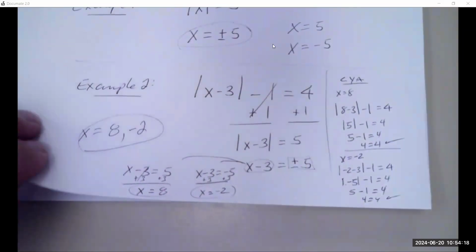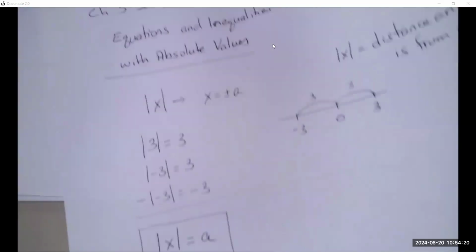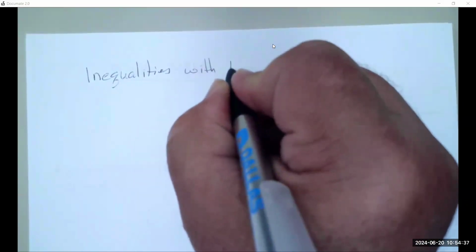All right, so that's with absolute value equations, where there's an equal sign. Now let's look at inequalities with absolute values.